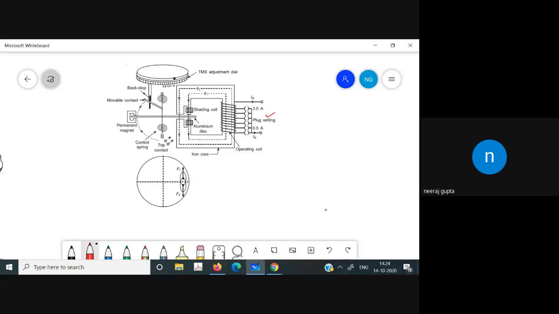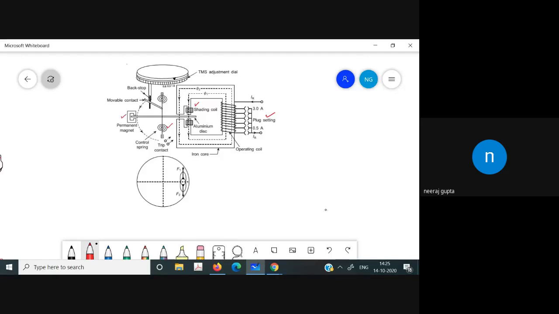Plug setting is in the case of electromechanical relays. Now, this is the shading coil which is used for creating the phase difference between the two fluxes to produce the torque. This is the disc. This is the control spring that is used for controlling torque.